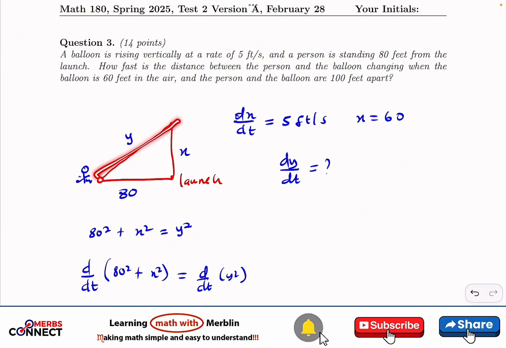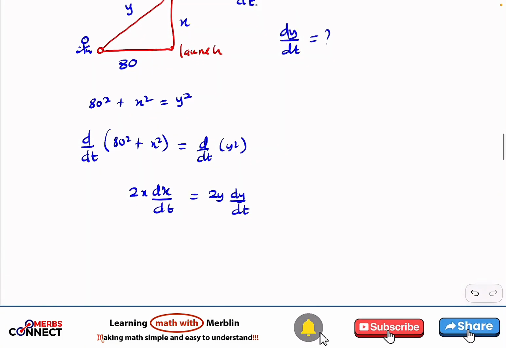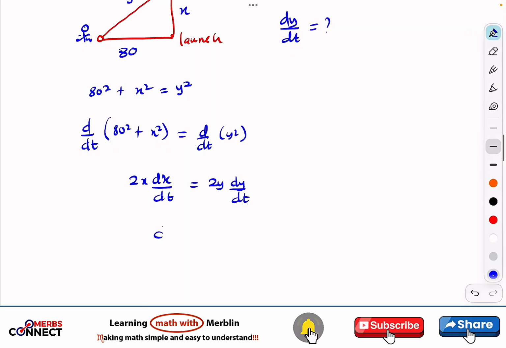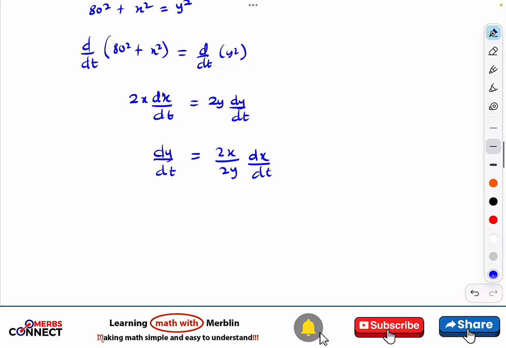So because I'm looking for dy over dt, this is equal to 2x divided by 2y times dx over dt. When I divide 2 by 2y, this is the same as x divided by y times dx over dt.